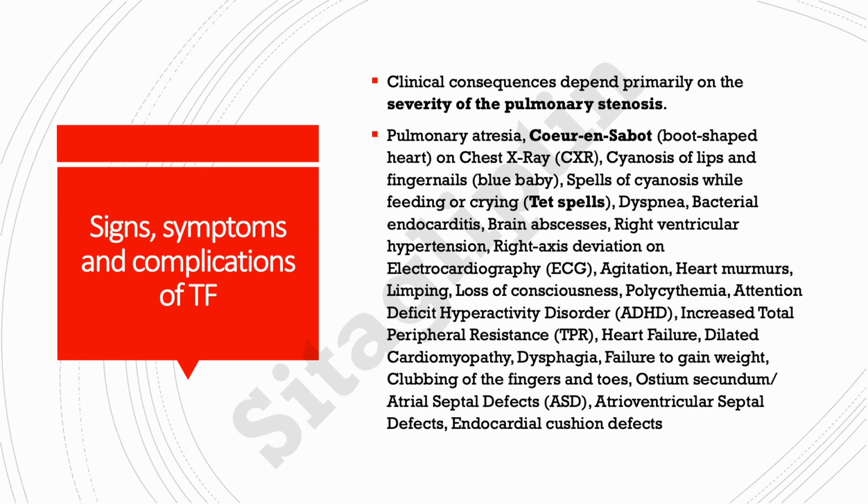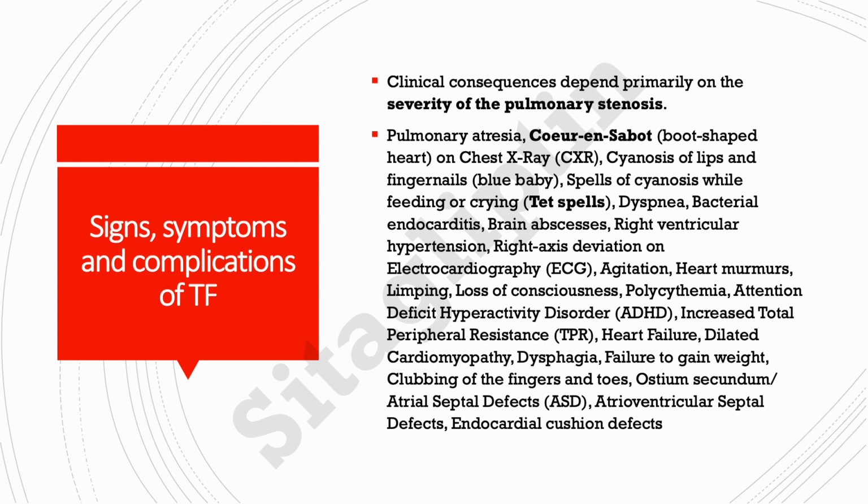We would have polycythemia, obviously, as an augmentative mechanism to cope with low oxygen levels. And babies with Tetralogy of Fallot sometimes develop attention deficit hyperactivity disorder, ADHD, and increased total peripheral resistance, as I mentioned earlier.